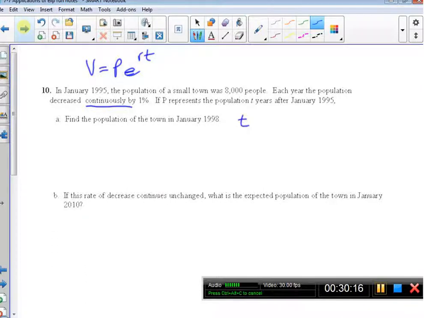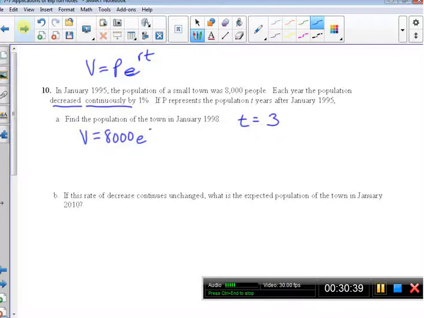So that means that t is going to be 3 because P represents the population t years after January 1995. So we have V equals 8,000 for P times e to our rate.